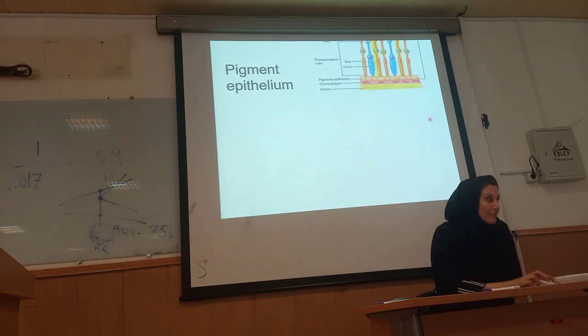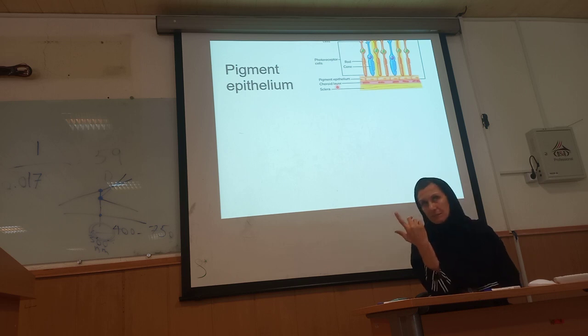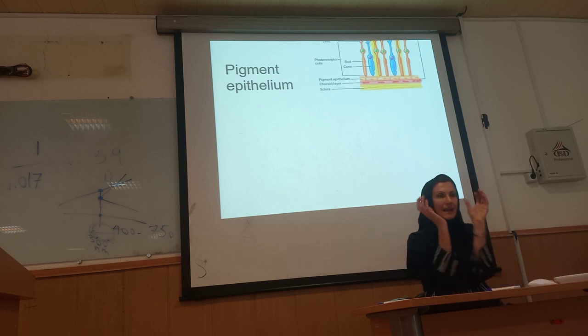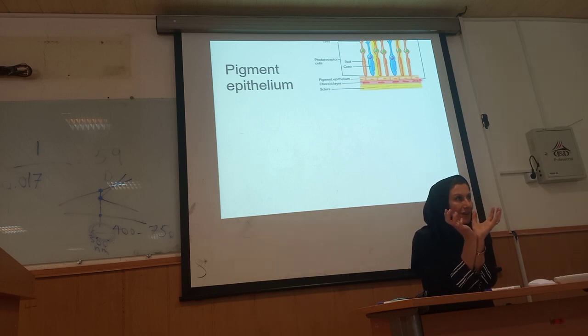As it is clear from the name, this is pigment epithelium. Which kind of pigment? Melanin. Yes, this is melanin. And you can see the back of the eye, where the photoreceptors are placed, is dark because of melanin.